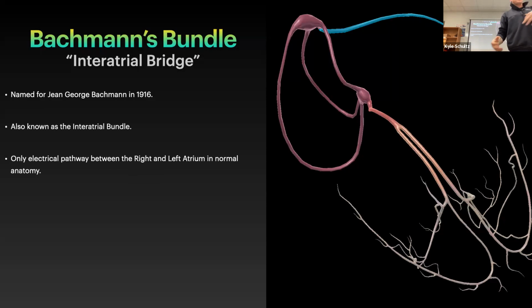Now it is possible for us to have additional accessory pathways. What is that called? What is the accessory pathway usually called? Come on, John. Mary, what is the accessory pathway from the atria to the ventricles usually called?